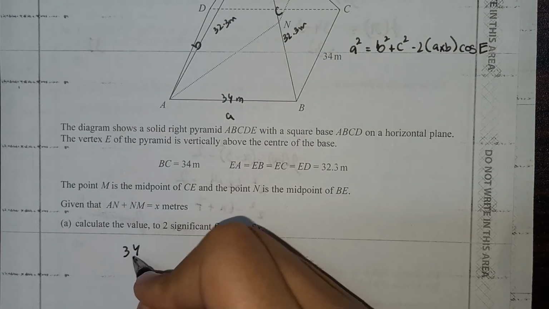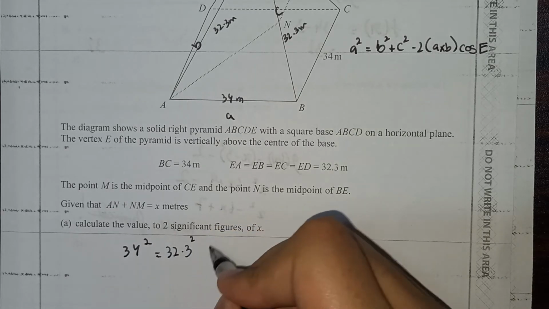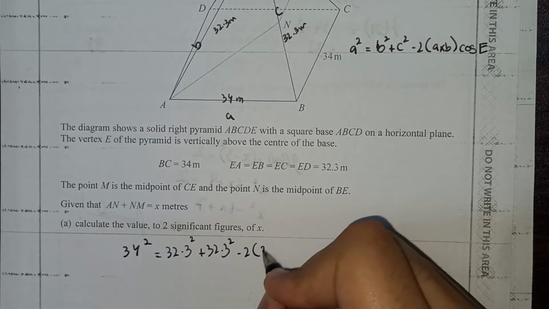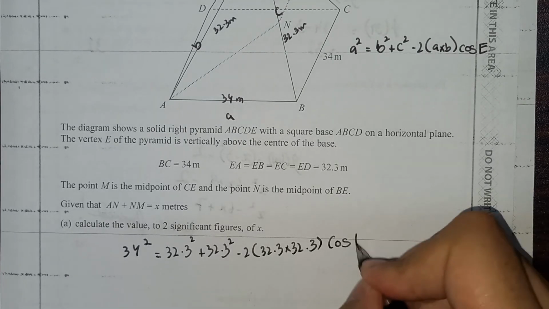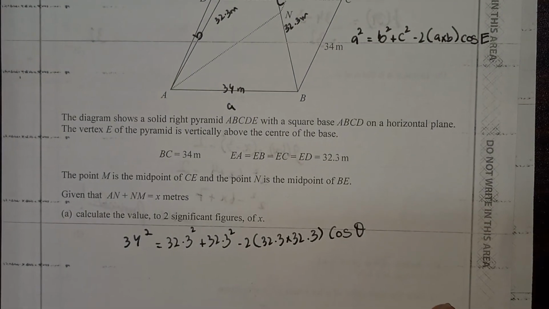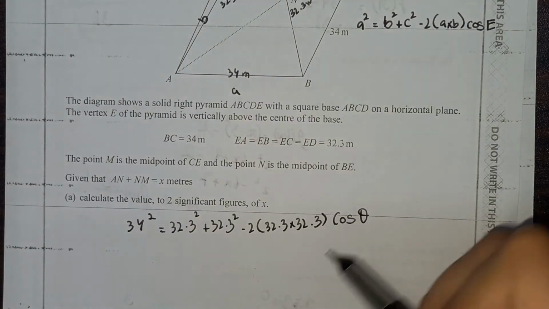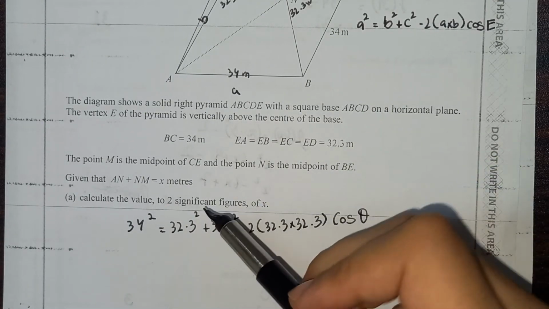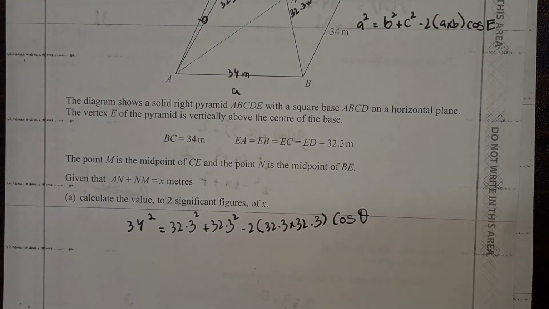So let's solve this equation. 34 square equals 32.3 square plus 32.3 square minus 2 times 32.3 into 32.3 cos theta, the unknown. Now all you need to do is simplify this whole equation by typing it in your calculator.